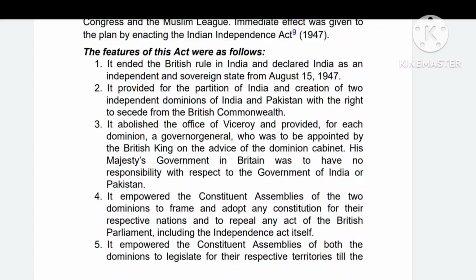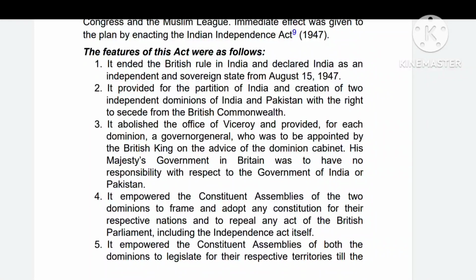Number 4. It empowered the constituent assemblies of the two dominions to frame and adopt any constitution for their respective nations and to repeal any act of the British Parliament, including the Independence Act itself.